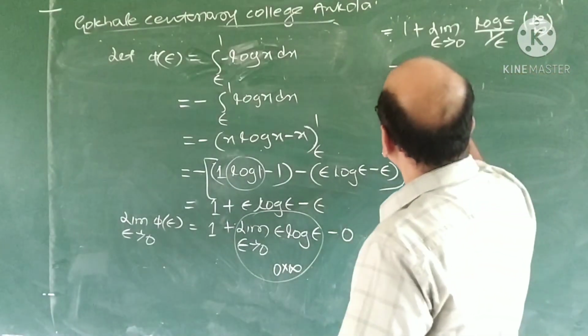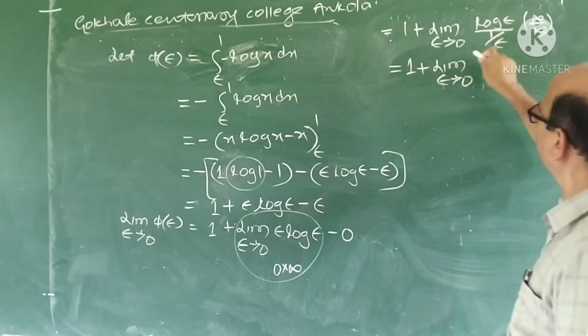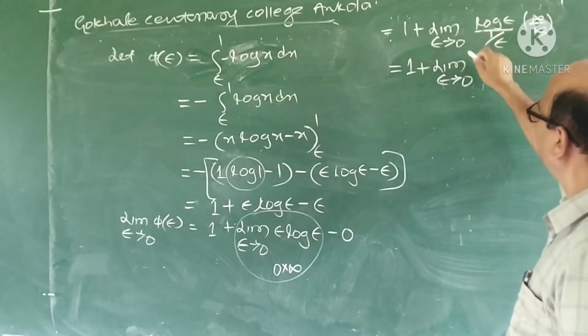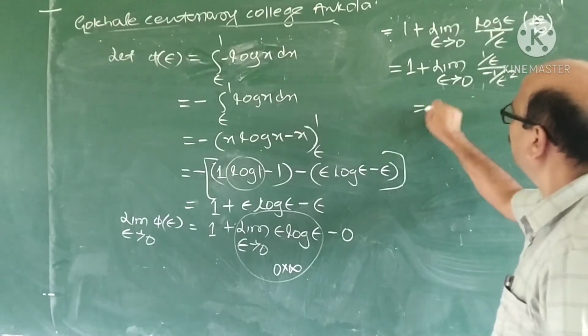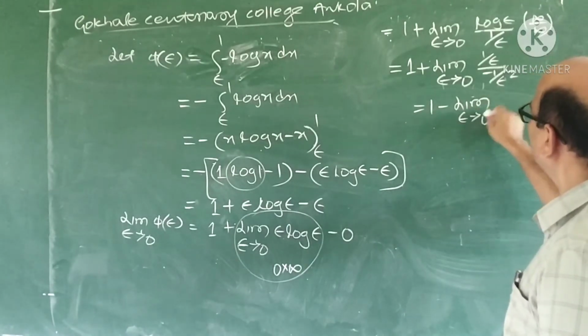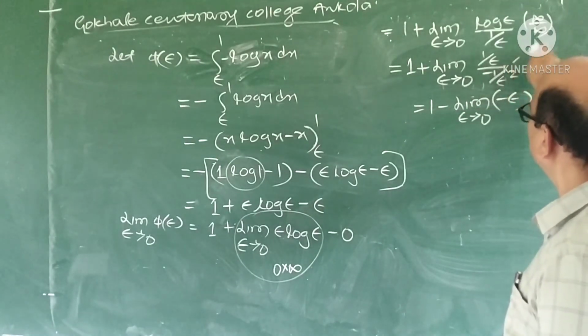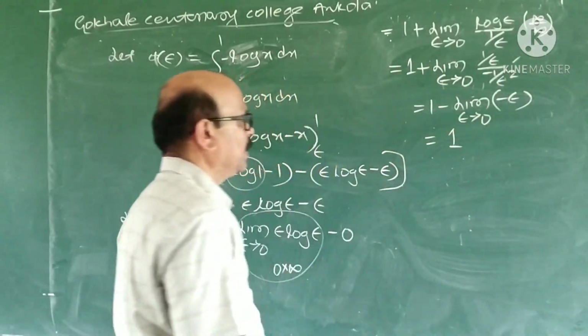Now use L'Hospital's rule. What is L'Hospital's rule? You differentiate numerator and denominator separately. The numerator gives 1 upon epsilon, the denominator gives minus 1 upon epsilon square. So it is the limit as epsilon tends to 0 of minus epsilon. Simplify this. It is 0, so the limit is 1.